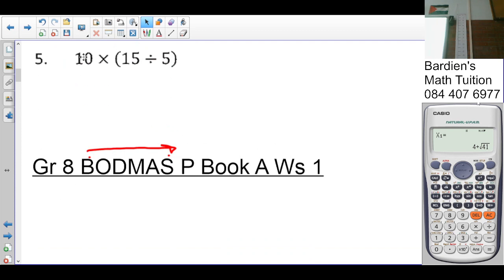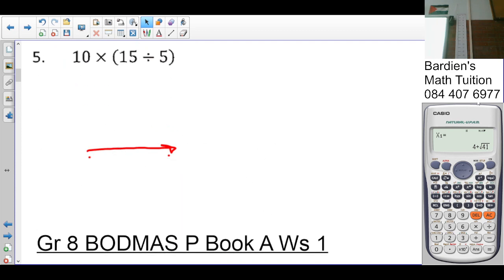Let's look at number 5. We again have multiplication. We have division and brackets. The division is inside the brackets. So according to Bodmas, what must be done first?